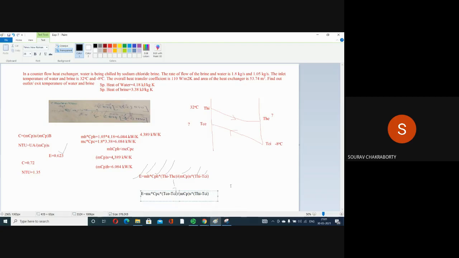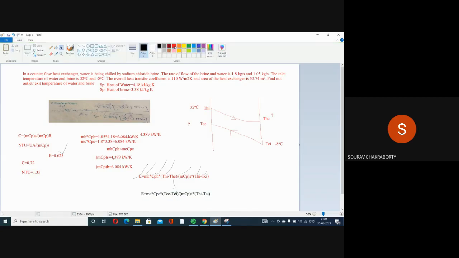We know this expression. Again we have the effectiveness value, the MC value, the CPC value, and TCI, along with the smallest value and THI. So from this we can find out the value of TCE, and ultimately we can find both TCE and THE.